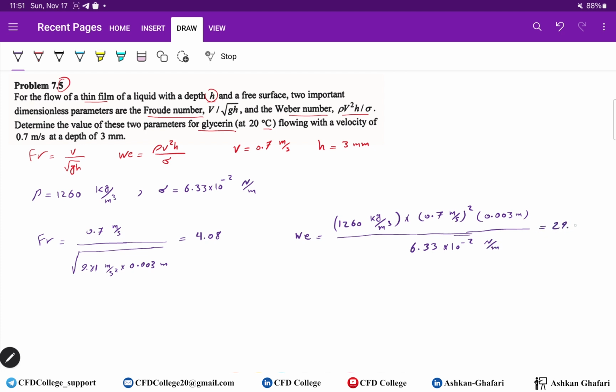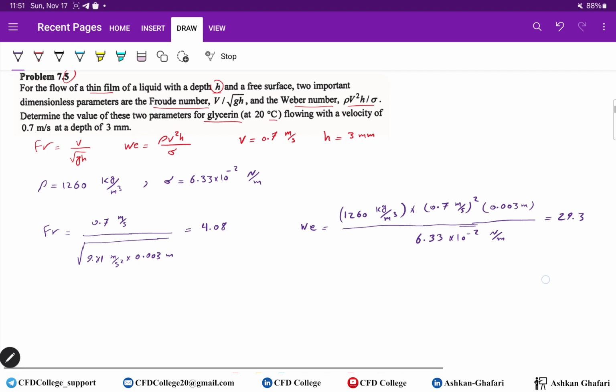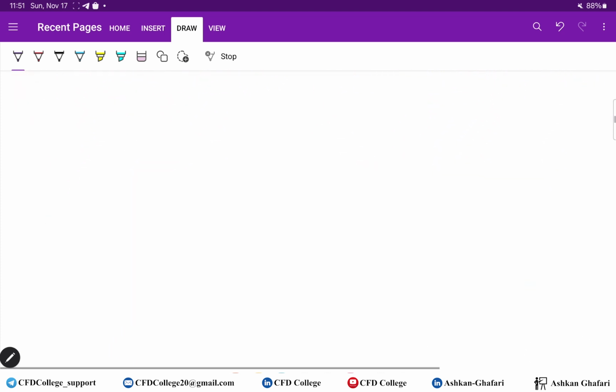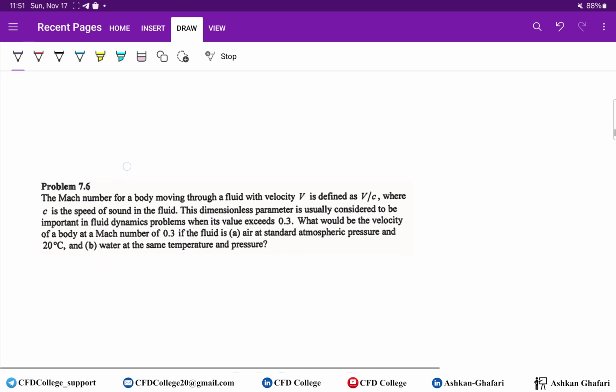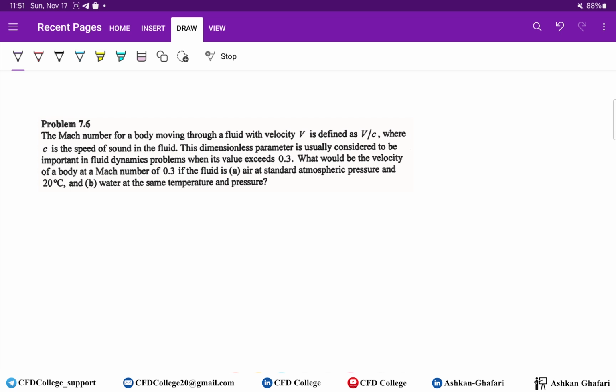The Weber number equals 29.3. As I mentioned, these problems are easy and you don't have a problem solving this.